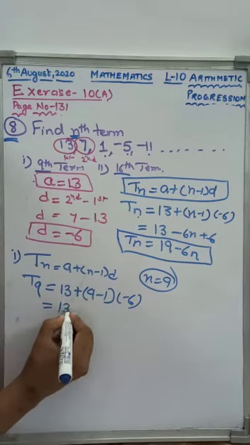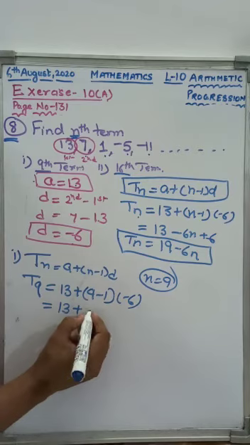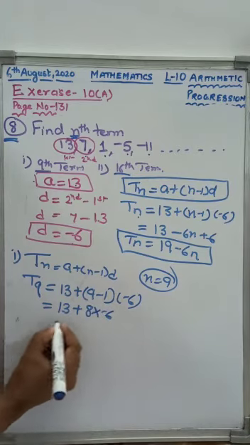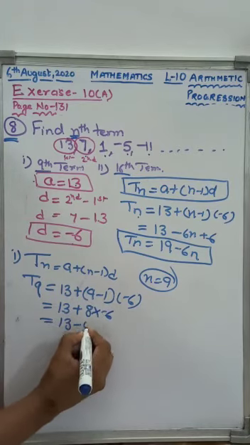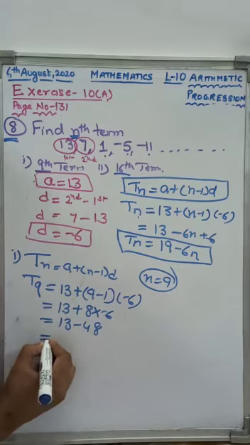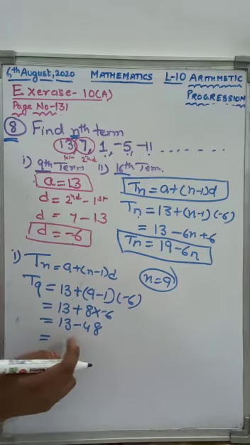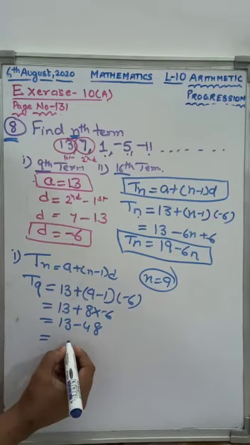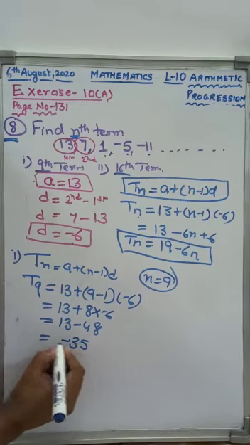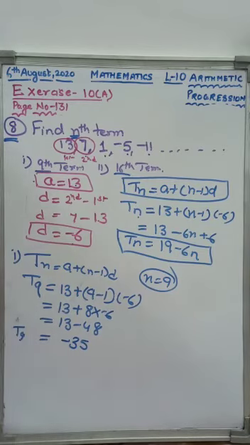So 13 plus 9 minus 1 is 8, multiplied by minus 6. So 13 minus 48. When you subtract these two numbers, it will be minus 35. So this is your 9th term.